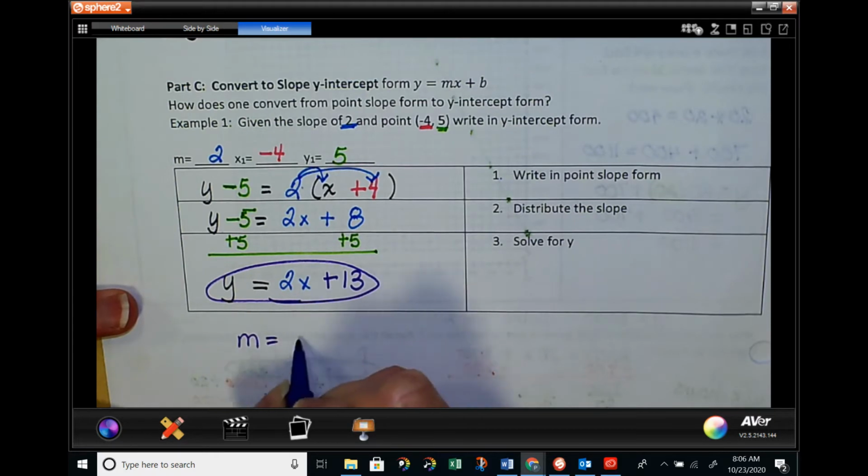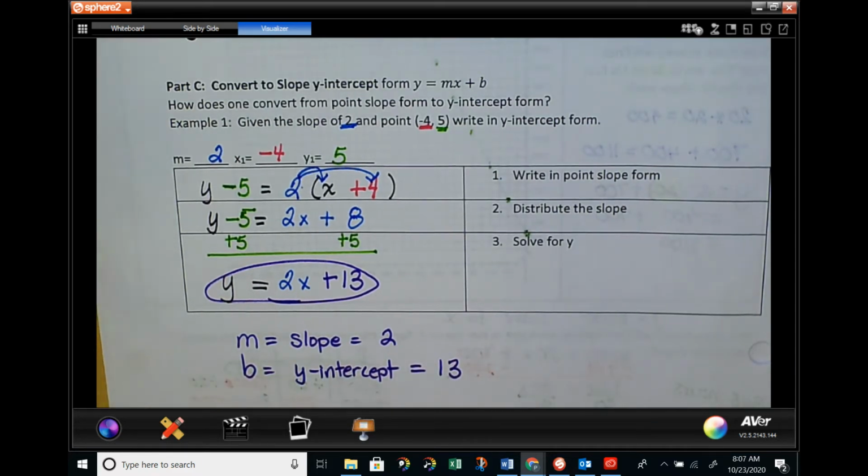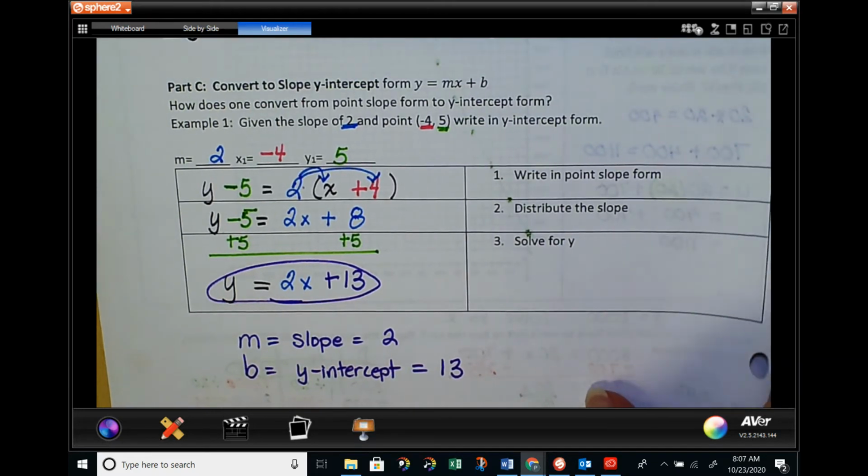So m is your slope, which was 2. That hasn't changed. And then b, remember, is your y-intercept, which in this case is 13. So that's converting.